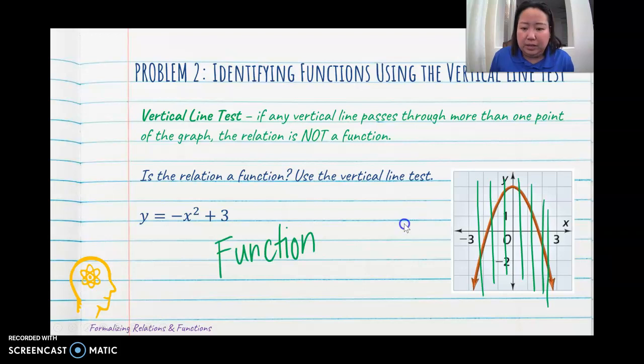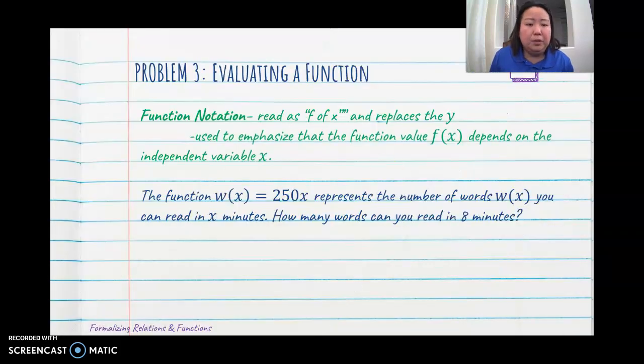All right, so let's have another example here, but this time we will be working on evaluating a function. When you have a function notation, you will typically see it as something like f of x, okay? It is just the same as the value of y. What do you mean by that, miss?